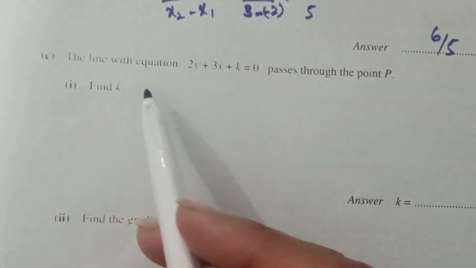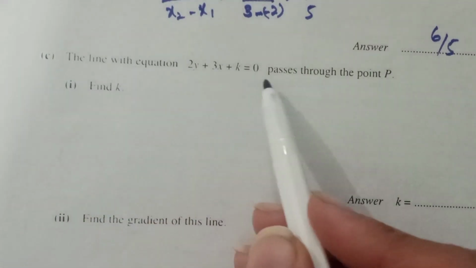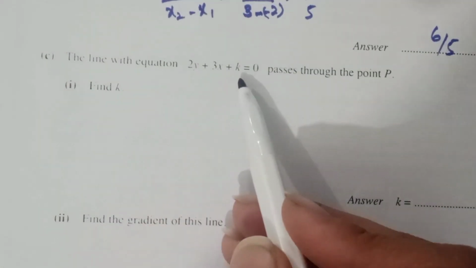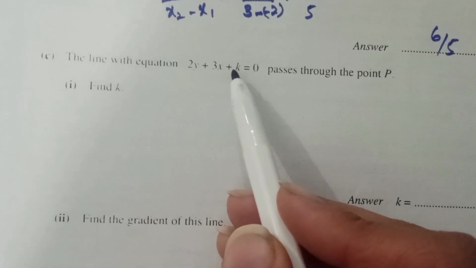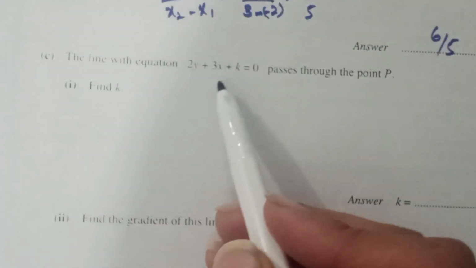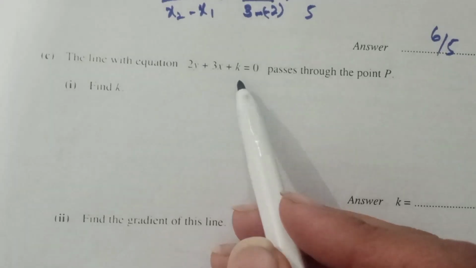Part C: the line with this equation passes through the point P, find K. Now we have to find the value of K. We notice that K is the y-intercept. How to find it?